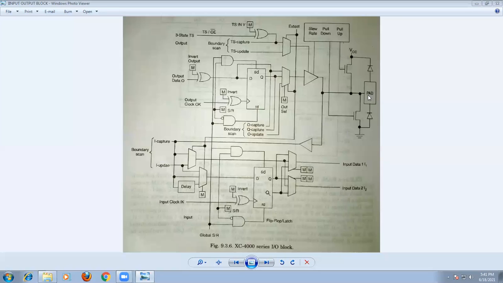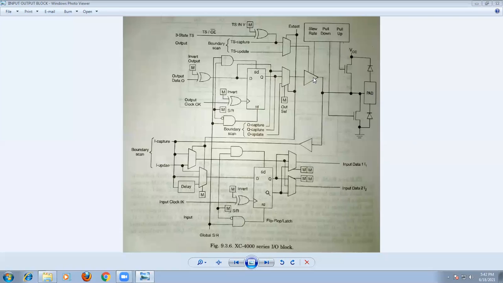So to use this cell as an input, we have the tri-state buffer here, and this buffer should be in the high impedance state. Whenever this pin behaves like an input pin, this buffer is always in the high impedance state.